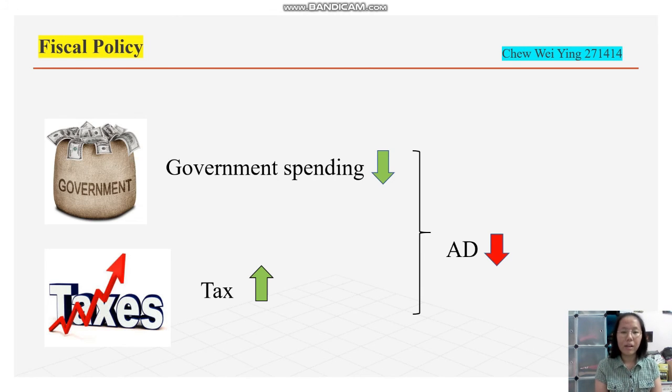Thus, aggregate demand will decrease until it equals aggregate supply, and inflation is overcome.